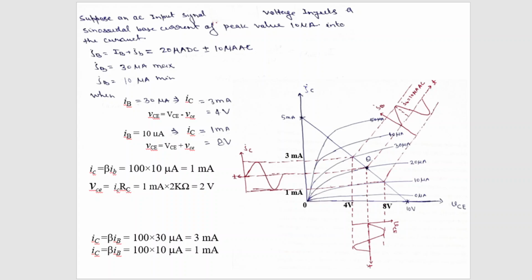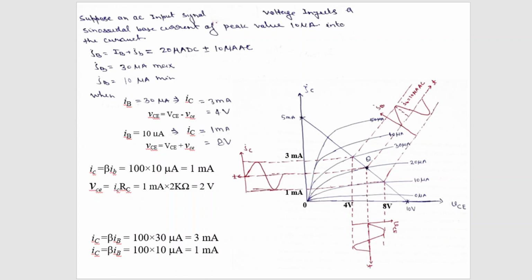In this lecture, I have explained 3 numerical problems. I started with the basic concept of the amplifier and then how we draw the DC load line and AC load line. In the first numerical example, I drew the DC load line and AC load line. Then in the second numerical example, again I drew the AC load line and DC load line.